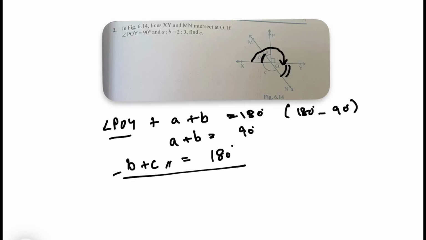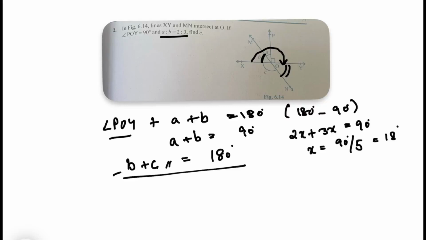So essentially, this C plus this angle are 180 degrees. Now the one more relation we know is that A is to B is 2 is to 3. Therefore 2x plus 3x is equal to 90 degrees. So x is equal to 90 degrees divided by 5, which is 18 degrees.